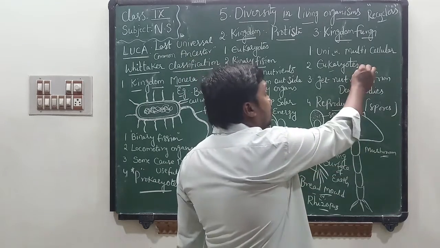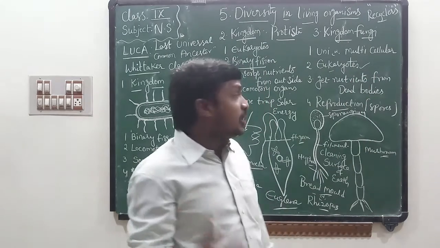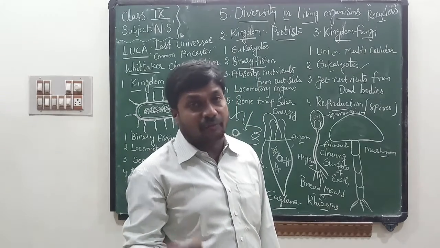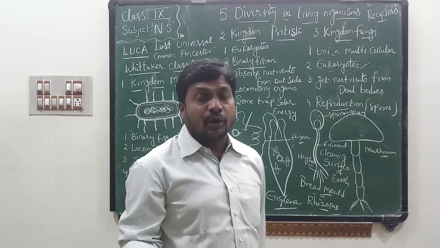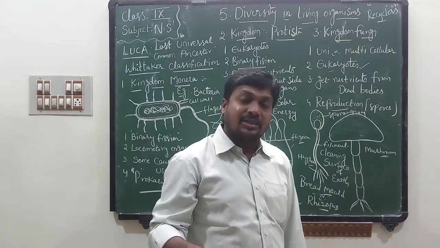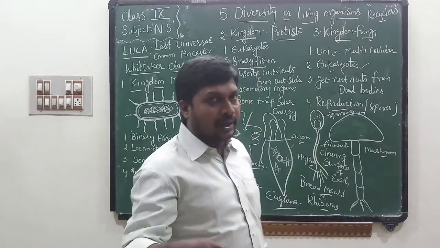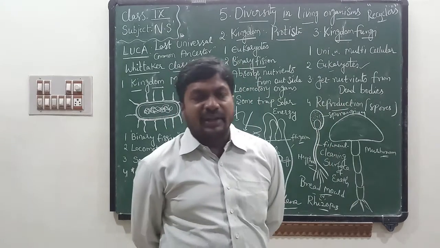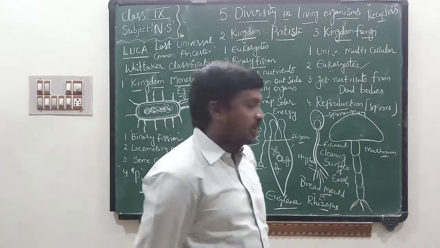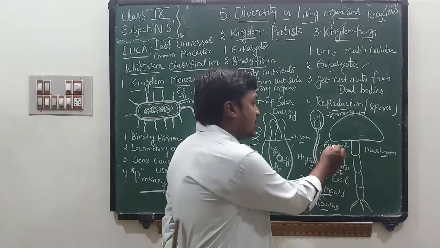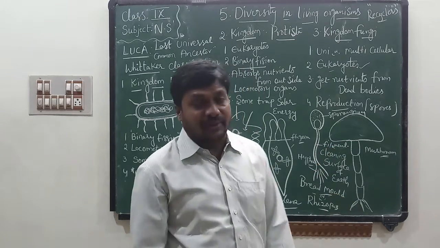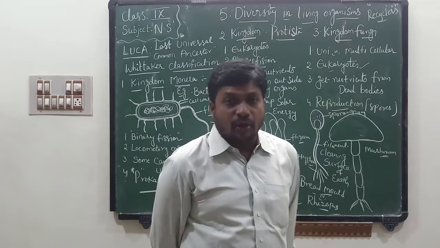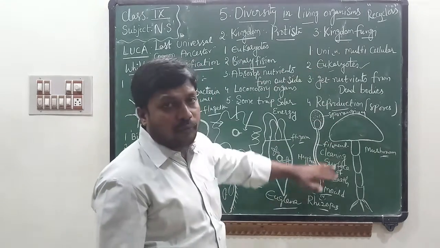They are eukaryotes which have a nucleus, and they get nutrients from dead bodies. They decompose the waste materials, some nutrients are absorbed by them, and some nutrients are supplied to soil, soil to plants. They reproduce by spores, which is a type of asexual reproduction. They clean the surface of the earth, that's why fungi are known as cleaners of the surface of the earth. So these are the characteristics of fungi.